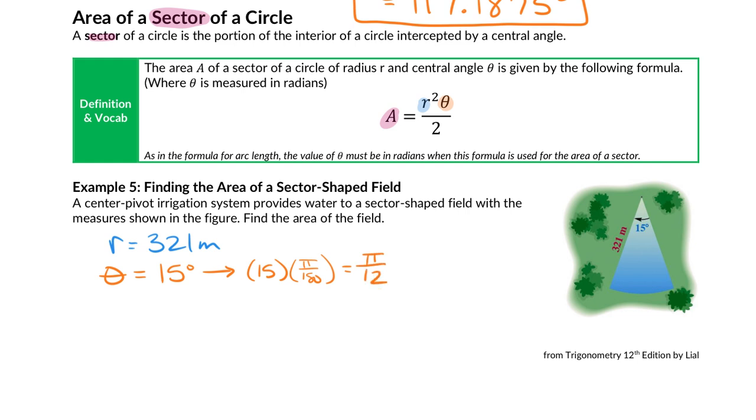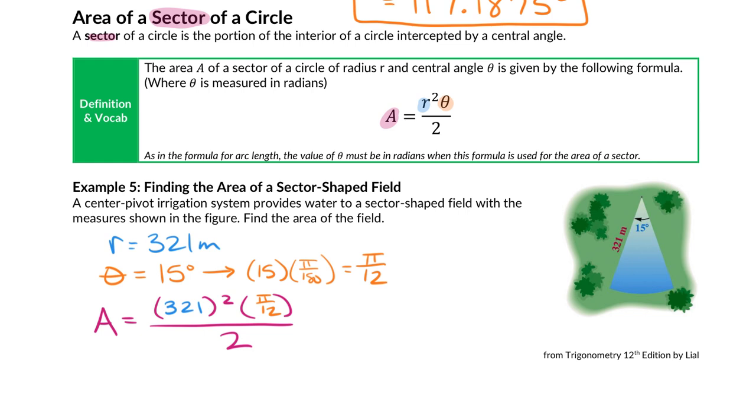That is all we need to find the area of this sector, because area is equal to the radius squared times theta, all divided by 2. Well, the radius is 321. Theta is pi over 12. Since we're at the very end of the problem already, go ahead and use the pi button and find the area that this sprinkler is watering.